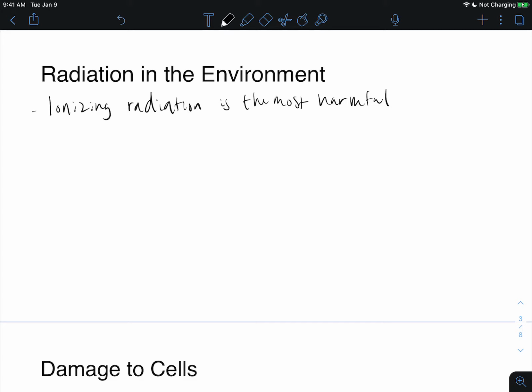And the reason that ionizing radiation is so harmful to us is because water, which makes up about 70% of our living tissue, is going to be ionized by ionizing radiation, which is an issue. So ionizing radiation ionizes water, and we're like 70% water.